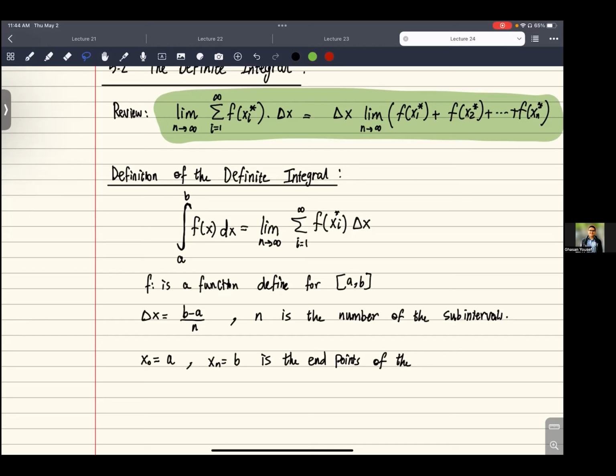It's not the subintervals, just the endpoints for the big interval. The sample points here are x1 star, x2 star, x3 star, up to xn star. All of them are called sample points.